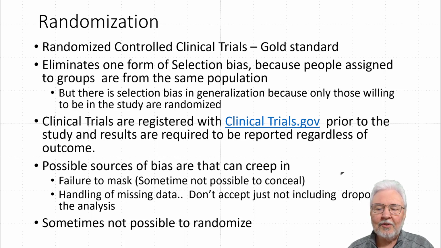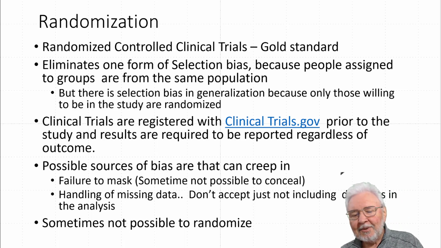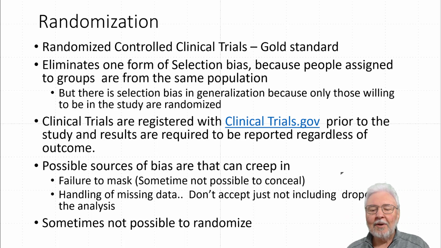In a randomized controlled trial, other sources of bias that can creep in are, for example, the failure to mask. If a person can see, or a doctor can know, or a data analyst can know what the outcome is, then there's a potential for some influence to be made there.